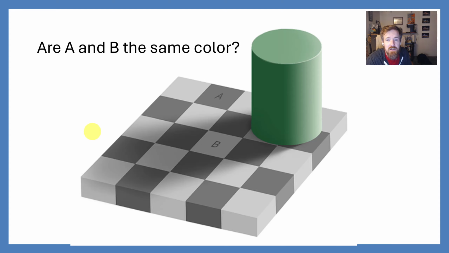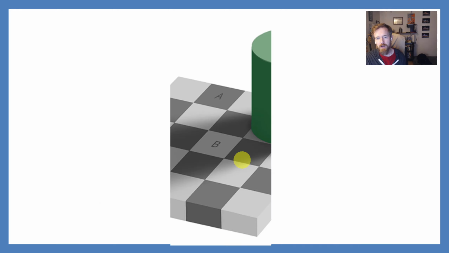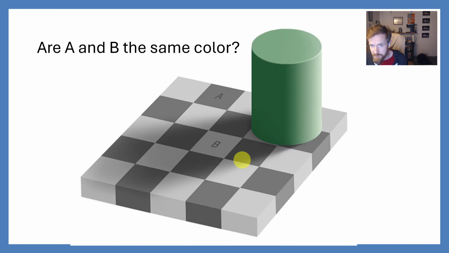I've been teaching this class for almost 10 years, and I've seen this illusion for far longer than that. I remember seeing this illusion back when I was in college as well. I still feel like A and B look like different colors, even though I know that they are the same. So if you don't believe me, I'm going to remove the context.